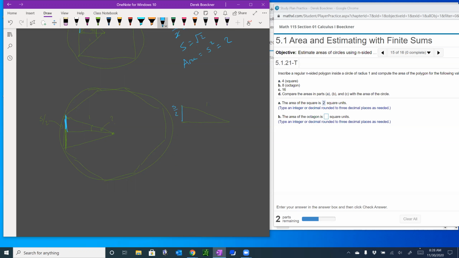This is S over 2. This angle, that's 2 pi. I've broken it up into 8 triangles, right? And I'm taking half of one of those, so this is 2 pi over 16, or pi over 8, right?